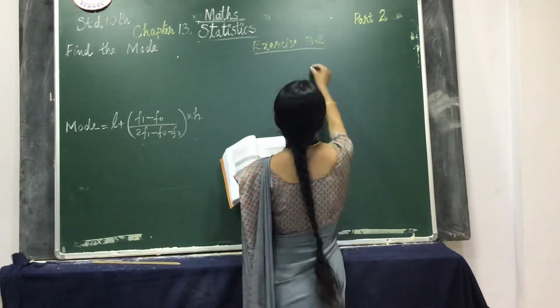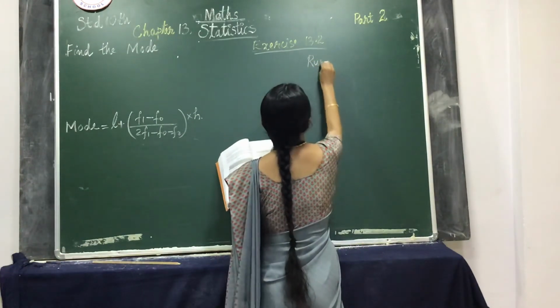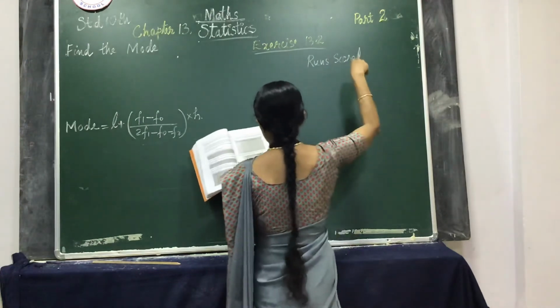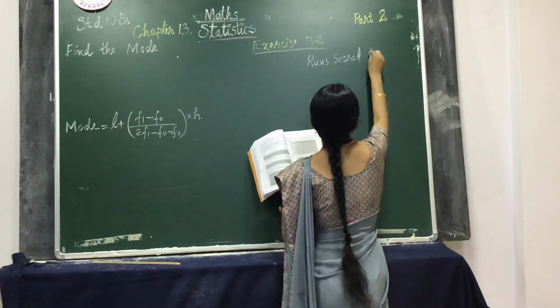So the runs scored and the number of batsmen.